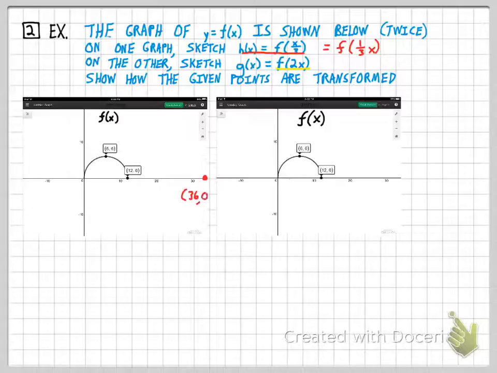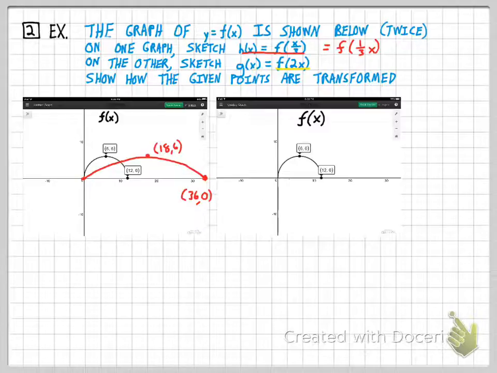Multiply that by 3, you get 36, and (6, 6) is going to become a new point, (18, 6). Every other point is also transformed. Putting all those together, you get a stretched out graph. It's still going to have the same general shape, but you can imagine just pulling that out from left to right. Your stretch should be away from the y-axis, so the point (0, 6) doesn't change.